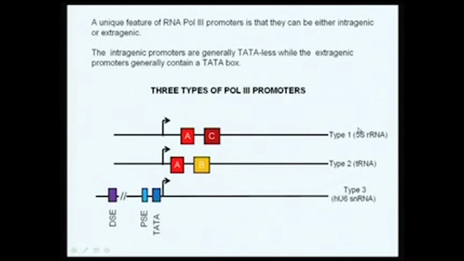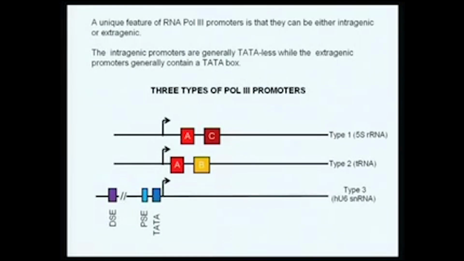Remember, when we discussed Pol I transcription and regulation in the last class, we had clearly discussed that the RNA component of the ribosomes consists of 28S, 18S, 5.8S and 5S, of which the 5S rRNA is actually synthesized by Pol III. So, that is what we are now going to discuss in detail.